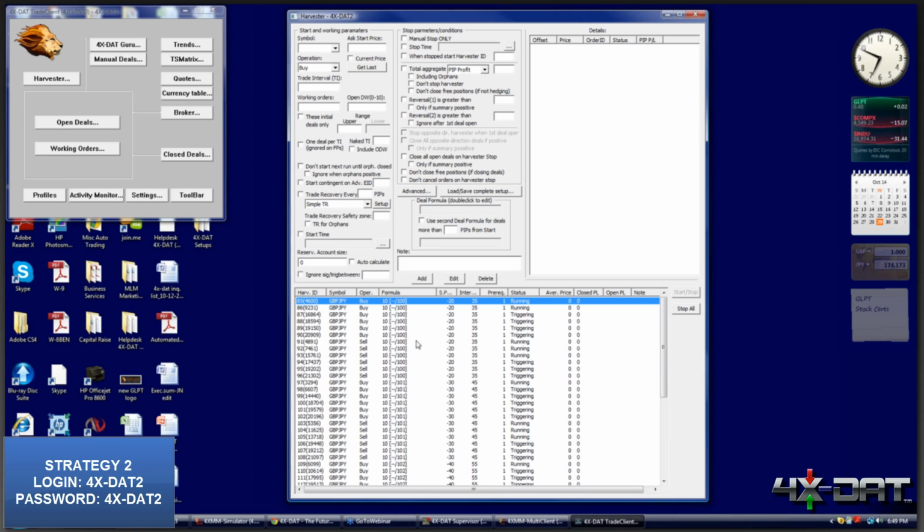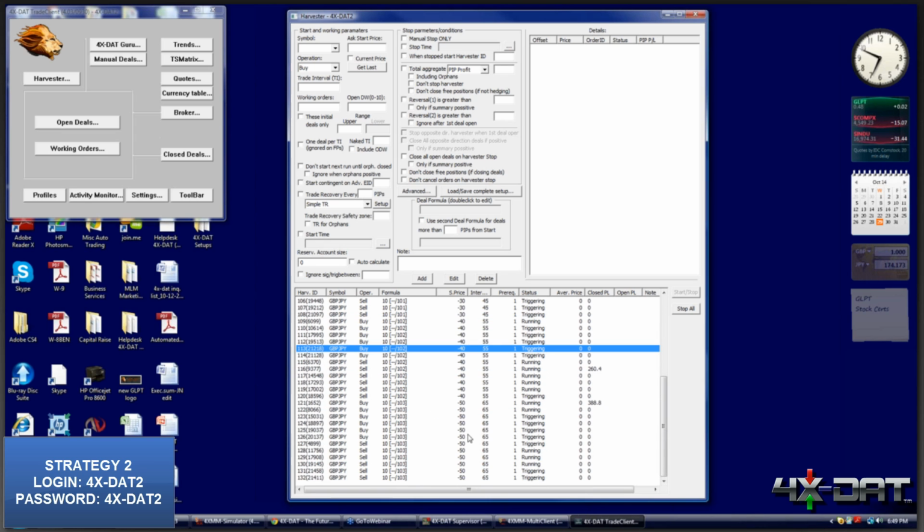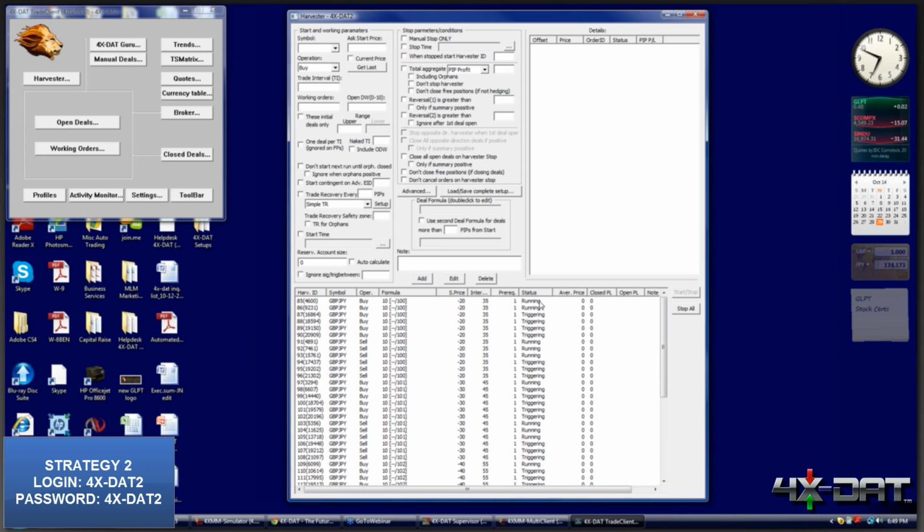When the price moves, as you can tell right here, this is the starting price. When the price moves 20 pips, 30 pips, 40 pips, 50 pips from the starting point where we're at. As you can tell, looking at the status column, most all harvesters are running.